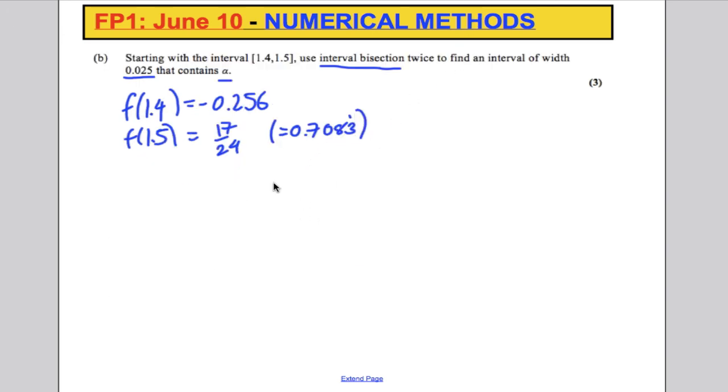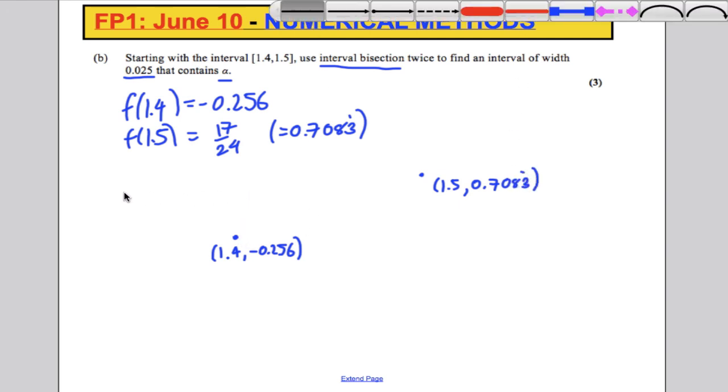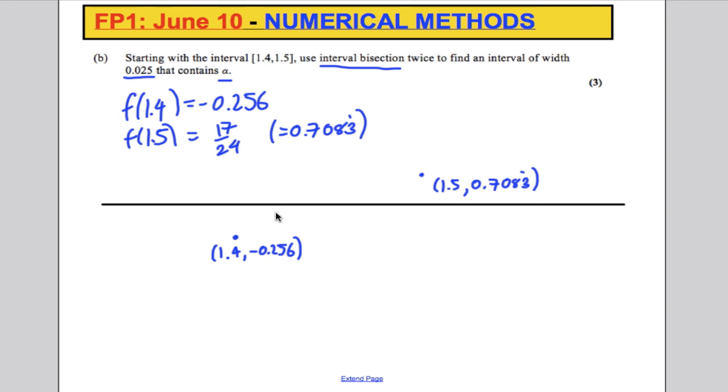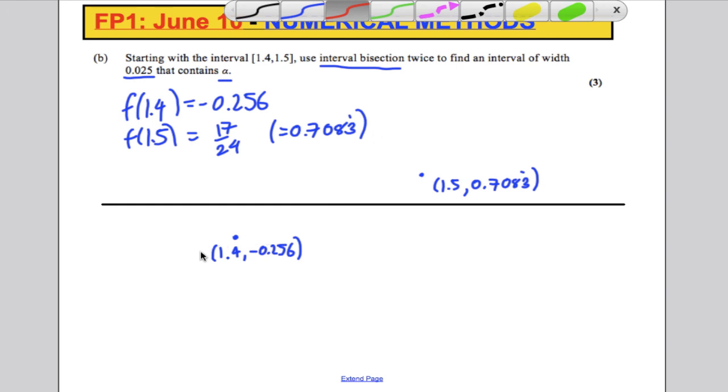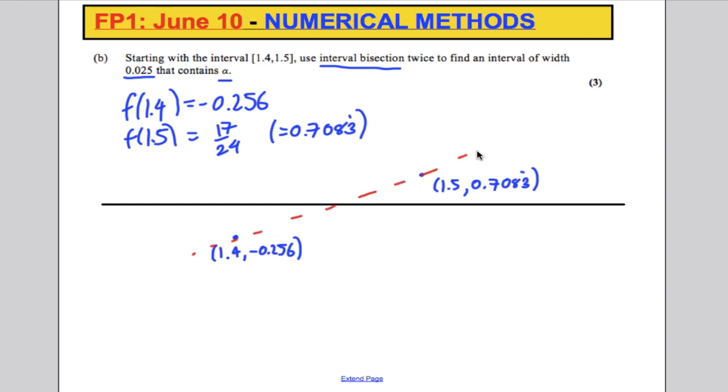Okay, let's draw a picture of it. So when x is 1.4, you have negative 0.256, and when x is 1.5, you have 0.7083 recurring. Okay, here are our axes, and the curve looks something like that. We know there is some sort of root here.